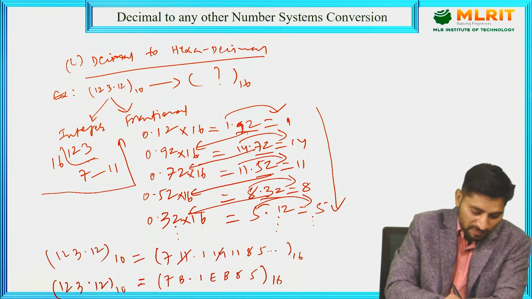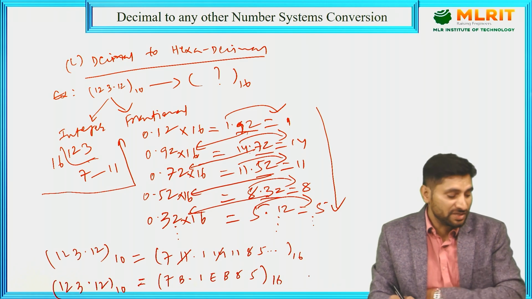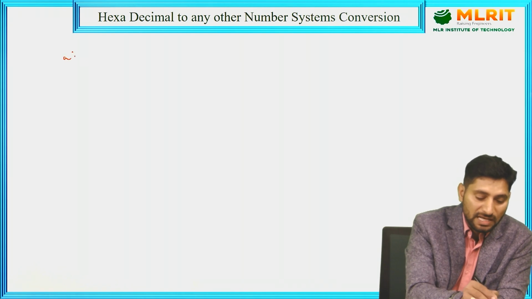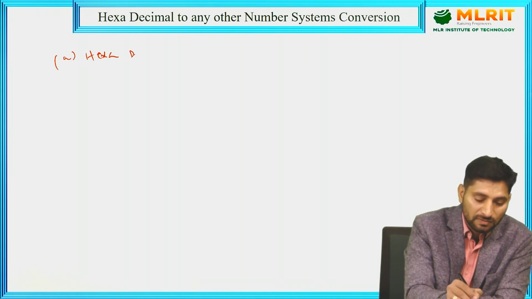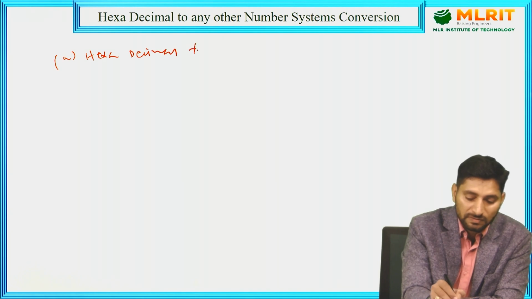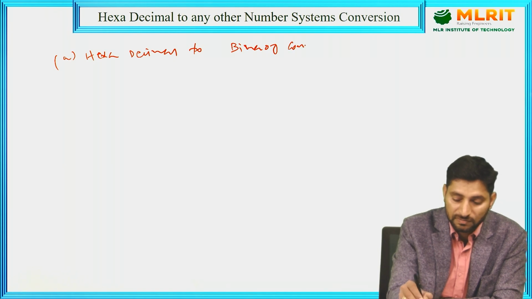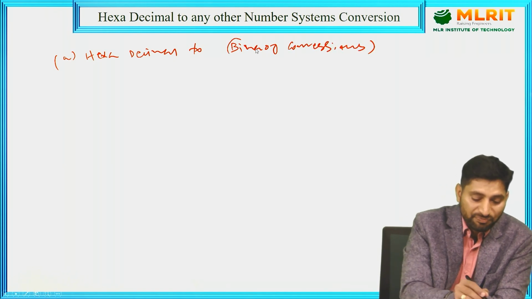Now this is the perfect answer for decimal to hexadecimal conversion. So next we will see hexadecimal to any other number system conversion. As a part of this we will see hexadecimal to binary conversion first.